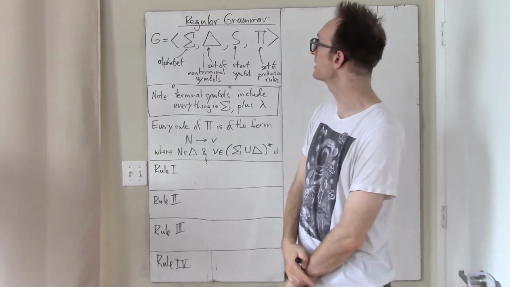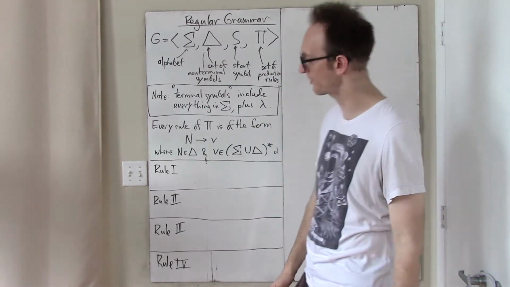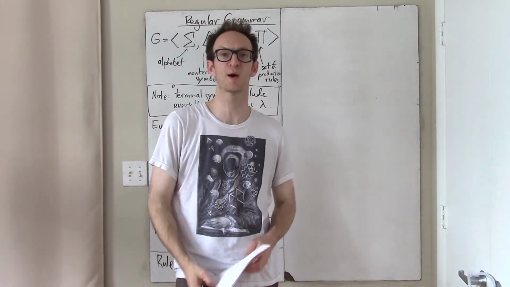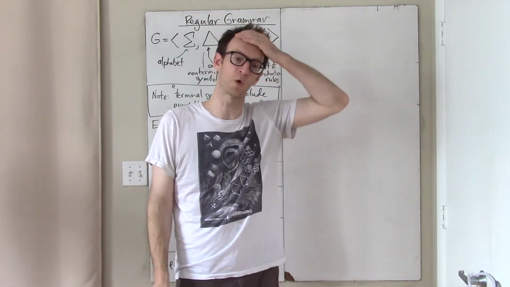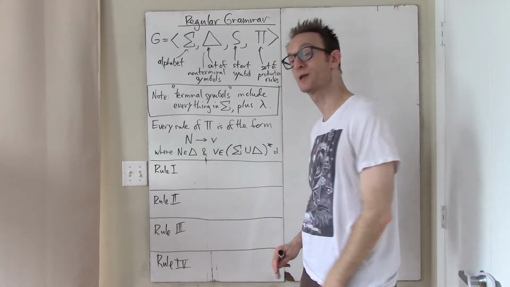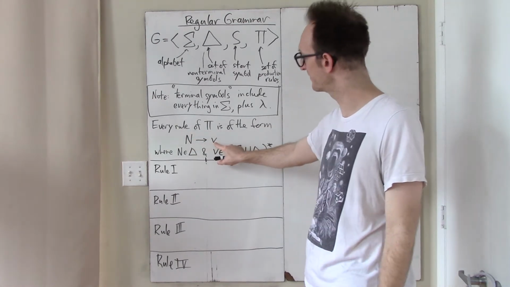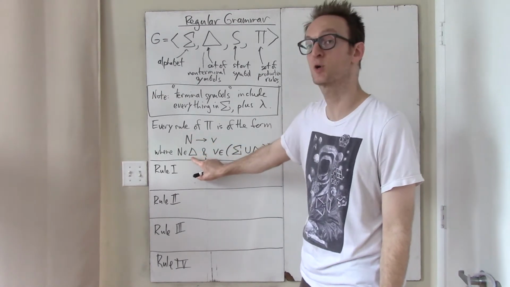Okay, we have all these rules, and the definition of grammar is general enough to include a whole bunch of different kinds of grammars, but specifically what makes a grammar regular is that its rules are of a very particular kind of restricted form. And so in a regular grammar, every single rule is going to look like this. It's of the form N goes to V, where N is a non-terminal symbol.